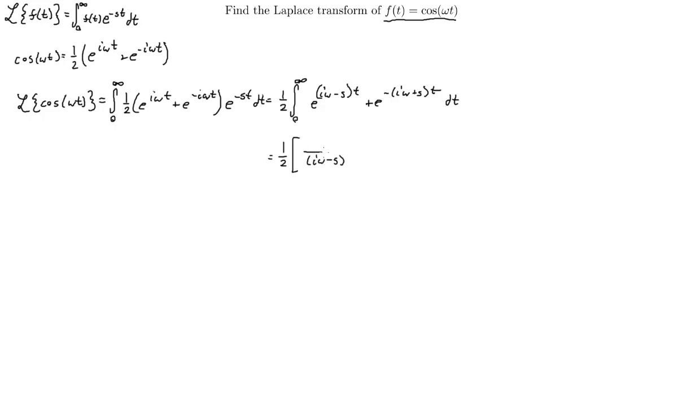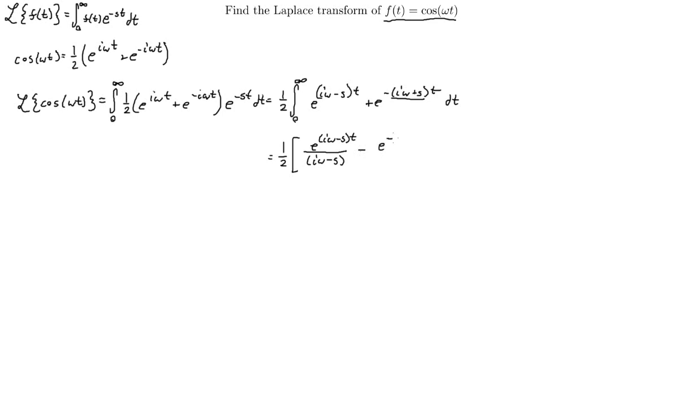So now when we integrate this, we'll have 1 half, and we'll have i omega minus s, and we'll have our exponential again, and we'll have a plus, but actually we won't have a plus. Here we'll have a minus, right? Because when this guy comes down in the denominator, we'll have that minus there.